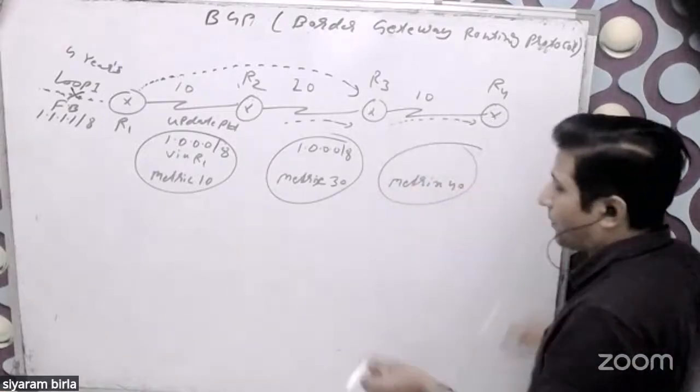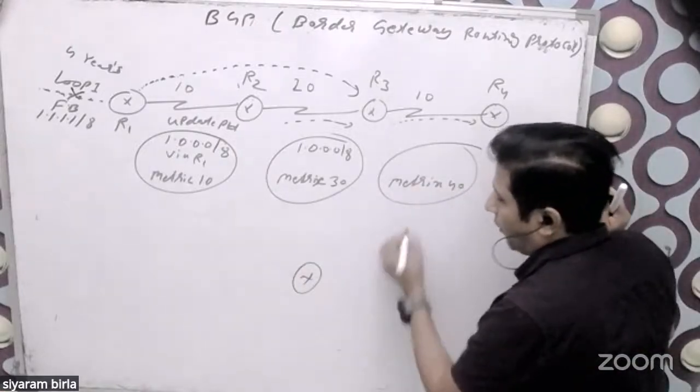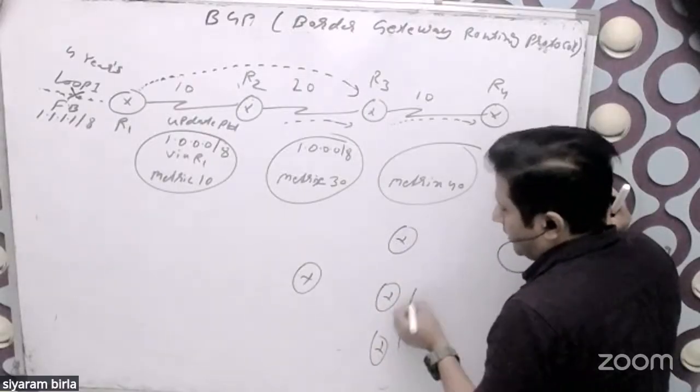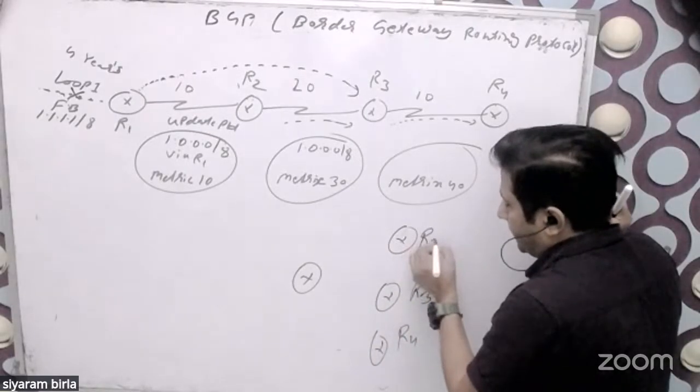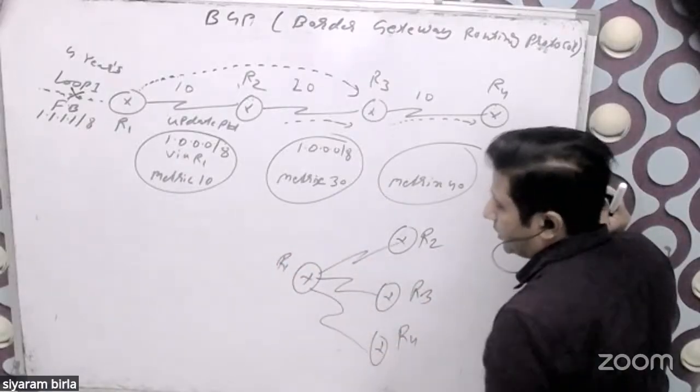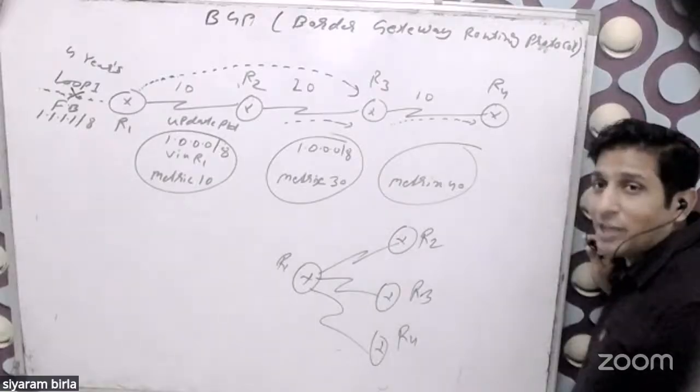Like in OSPF, suppose this is R1, this is R2, this is R3, this is R4. All are connected, and suppose I'm running OSPF. Suppose there is a loopback here.